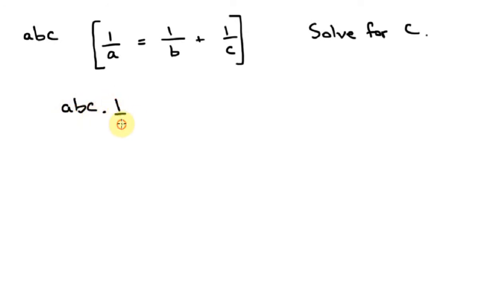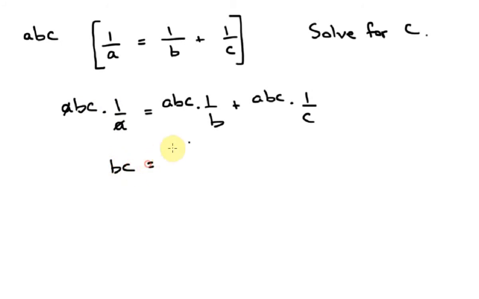You've got ABC times 1 over A, ABC times 1 over B, and plus ABC times 1 over C. So look at what cancels here. All your fractions. A's cancel, and you have BC times 1. And then here the B's cancel, so you have AC times 1. And then over here, the C's cancel, and you're left with AB.